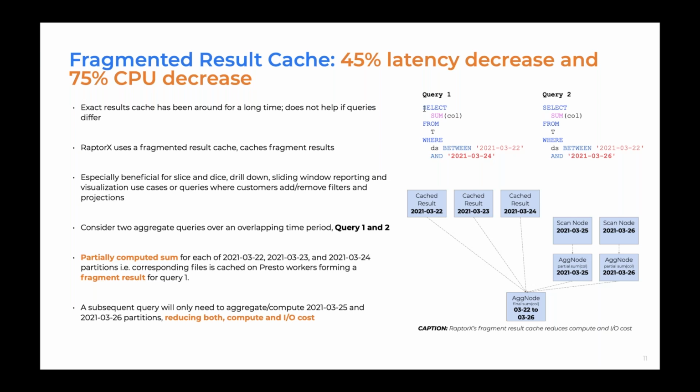The better idea would be, for the same plan fragment and the same file splits, if we already have the results cached, we can leverage those.